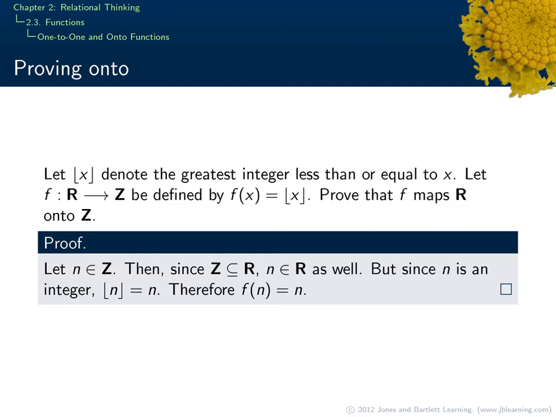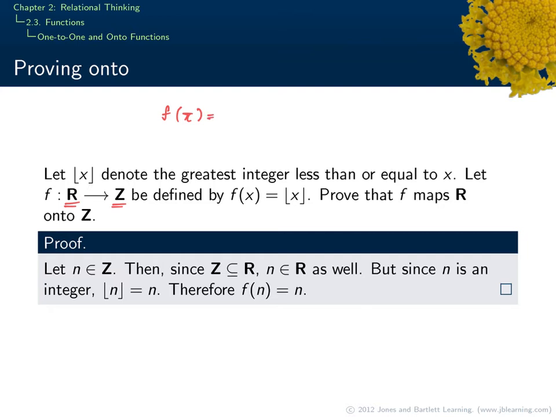Here we prove that a certain function is onto. This function is one that you might not have seen before. It's called the floor function. It takes a real number and sends it to an integer according to the following rule. We take our real number, whatever we choose, let's suppose it's pi, a perfectly legit real number.